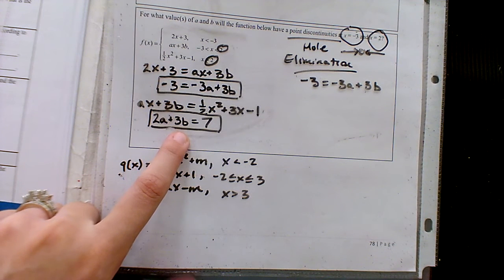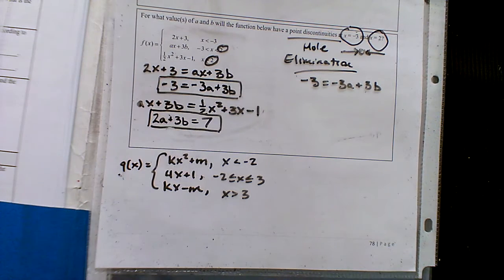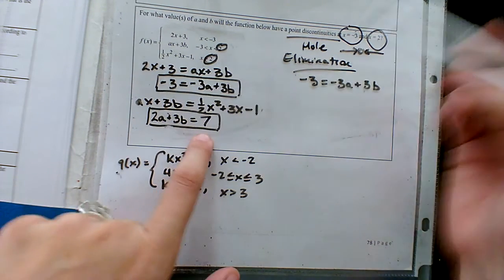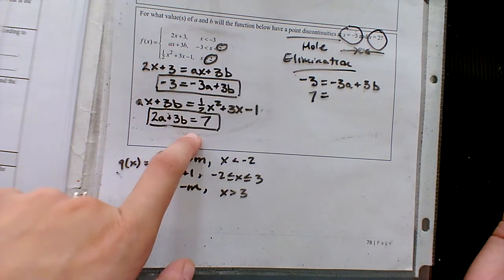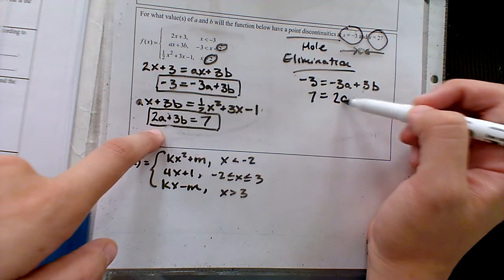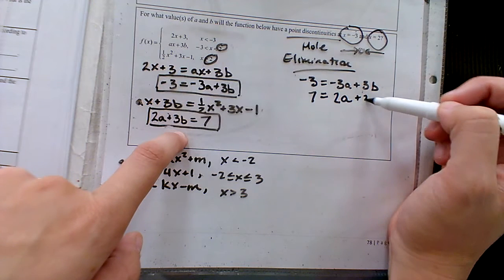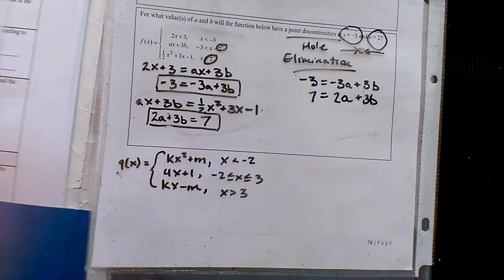So the second equation, the way it looks right now, doesn't fit that way. You might have to rearrange the way the terms are written. So I want the 7 to be written first, and then the equal sign, and then the 2A, and then the 3B. So you may have to change the way an equation is written in order to stack them.